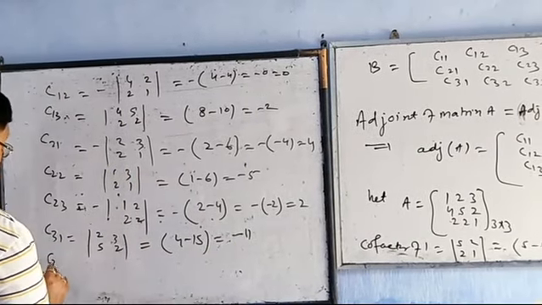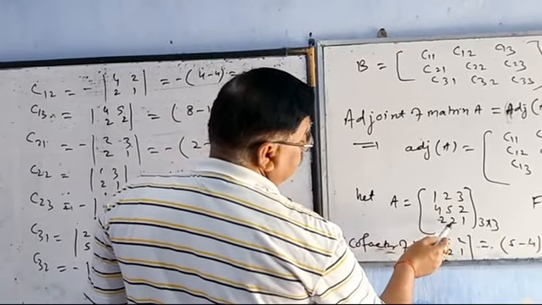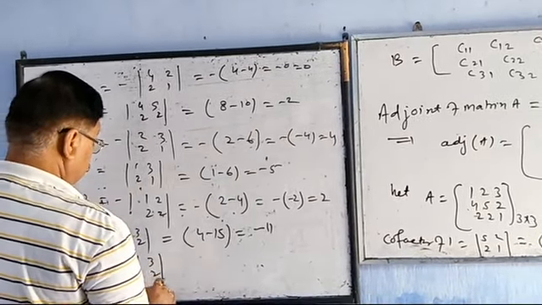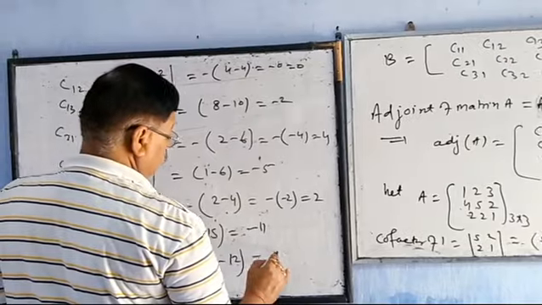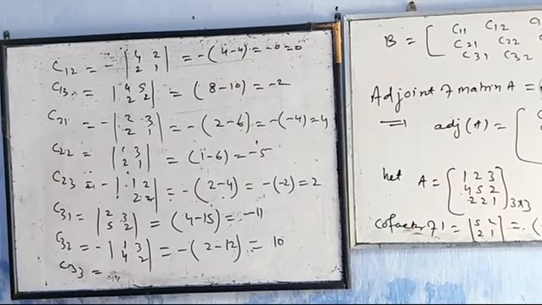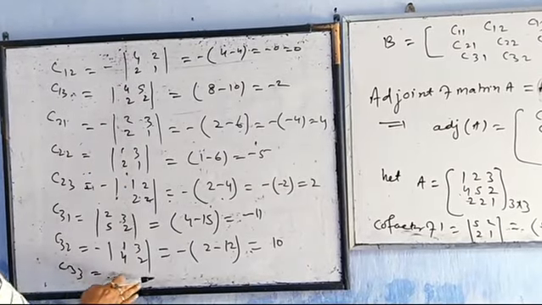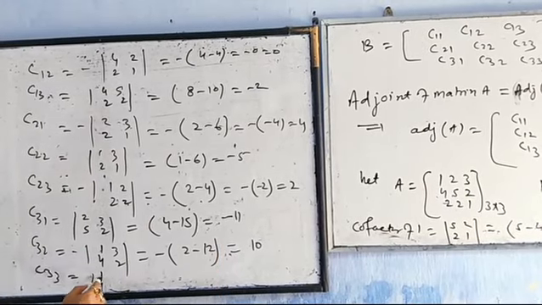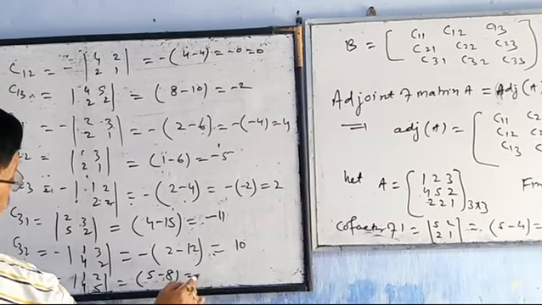C32 has a minus sign: deleting this row and column leaves 1, 4, 3, 2, so minus (2 minus 12), which is 10. C33: deleting this row and column leaves 1, 4, 2, 5, so 5 minus 8, which is minus 3.